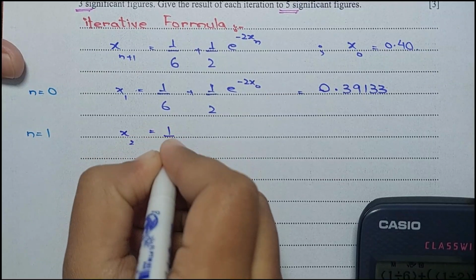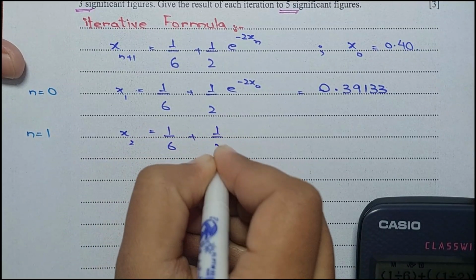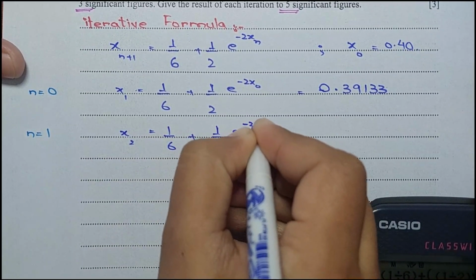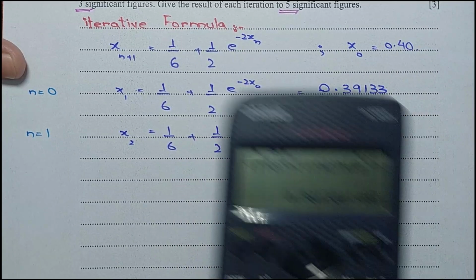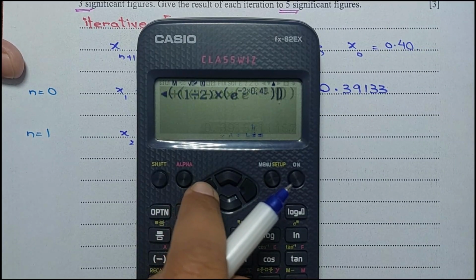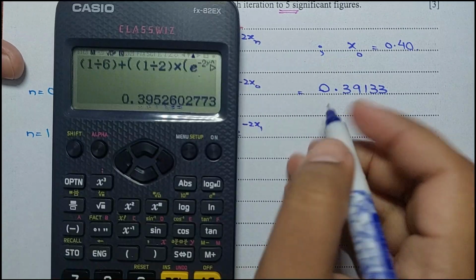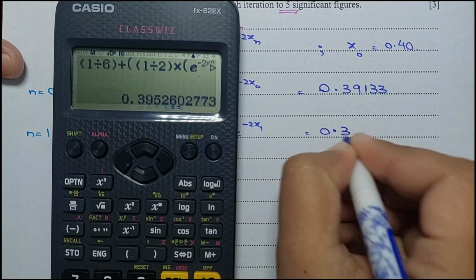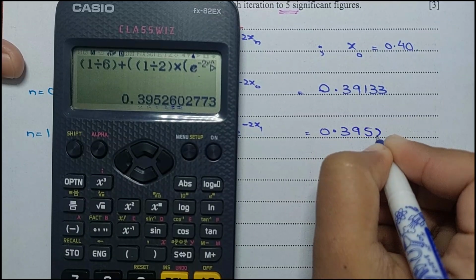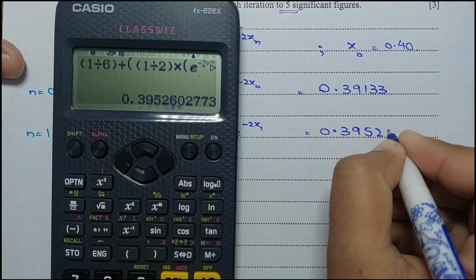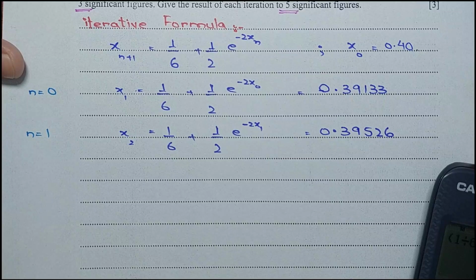Okay, so for n equals 1, we have x2, which is 1 over 6 plus 1 over 2 e to the power minus 2 x1. This is your x1, which is the solution. Minus 2 multiplied by the answer, 0.39526, 5 significant figures.